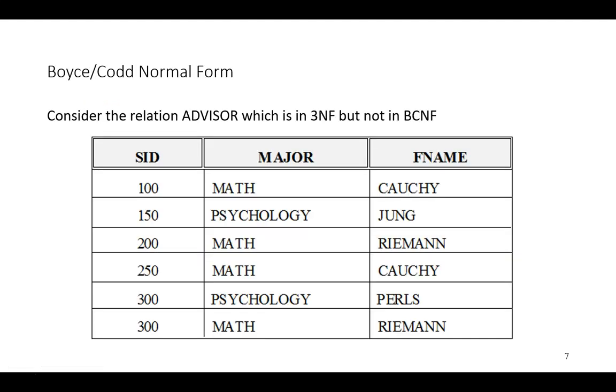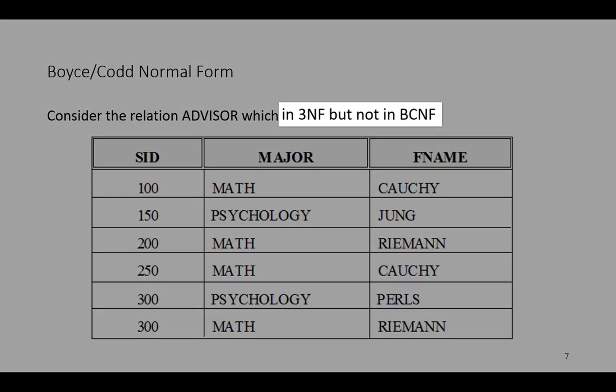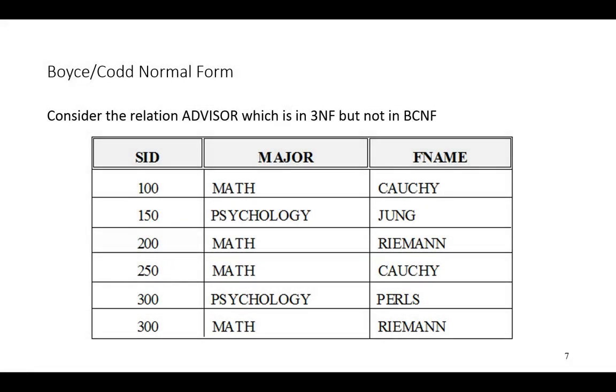Here we present a relation that we name advisor. This relation happens to be in third normal form, but it is not in Boyce-Codd normal form. We'll use this to initially discuss the differences between third normal form and Boyce-Codd normal form.